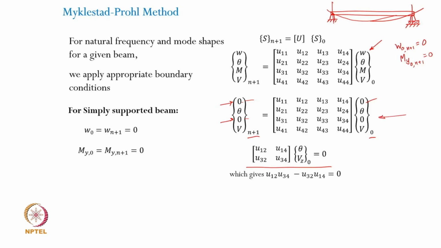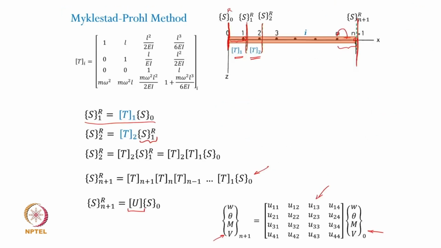Clear? So what will be our objective now is to assume some omega value, okay. Assuming that omega value, you know that your transfer matrix gets completely defined for that particular assumed omega value, because the length is known, the flexural rigidity of each of the segment is known, masses are known, so you can completely numerically evaluate Ti.